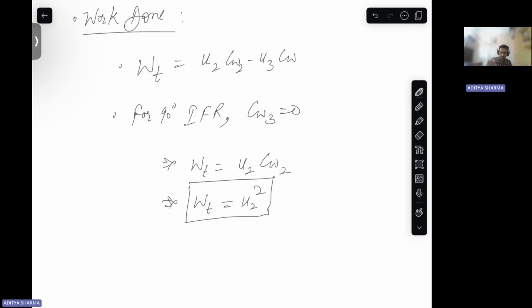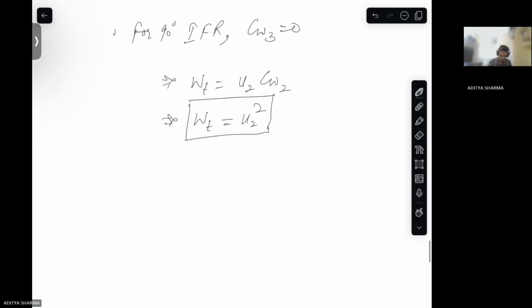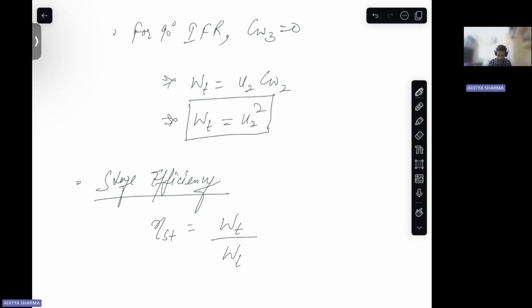Then there is the expression for stage efficiency, which basically is ideally what work we would have extracted from the turbine, and in reality what we have. So this is WT by WT dash. This one is your real one, and this one is your ideal one.